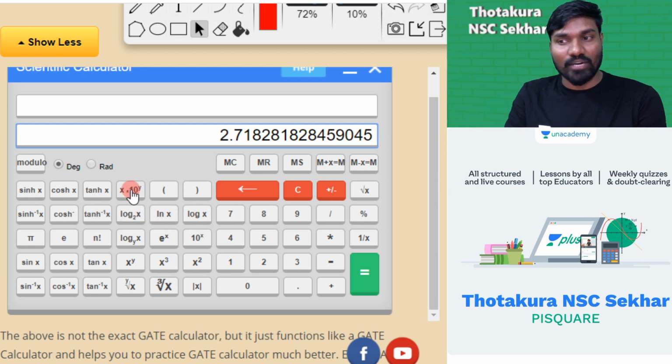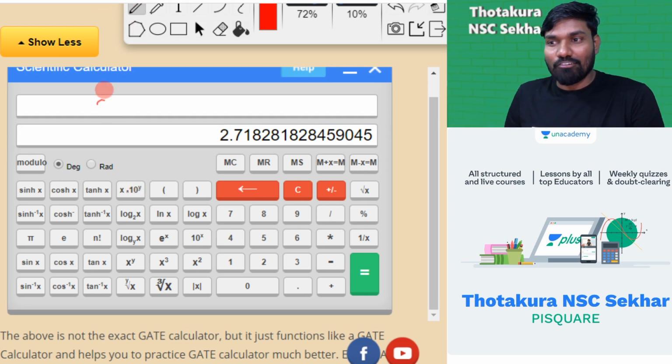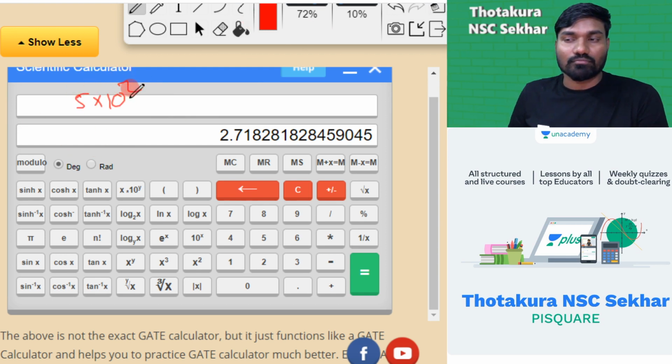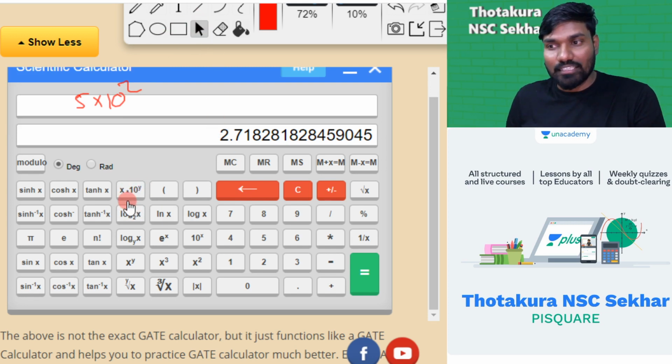Everything is like that. Now look at this, guys: x into 10 power y. Suppose I want to find 5 into 10 power 2. For that, I'll use this operation. See here, what is here? X into 10 power y.